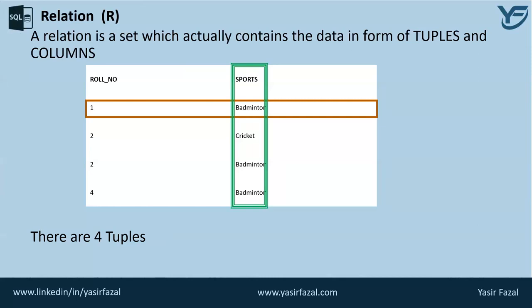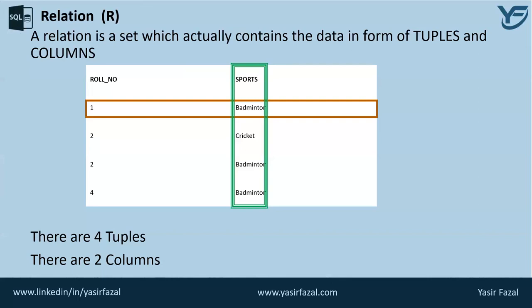So there are four tuples here, and there are two columns, roll number and sports. The first column contains the roll number information, and sports contains the textual information about the sports.